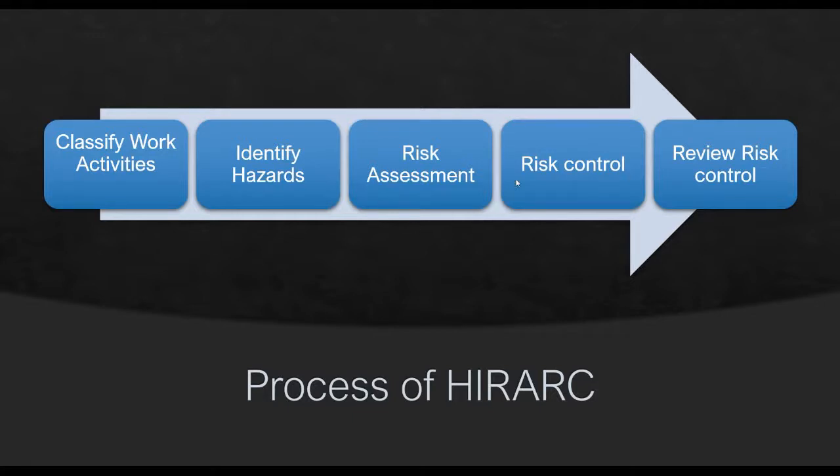Before you assess the risk, we have to identify what type and kind of hazard. But before that, we have to classify what kind of work activities. We will see examples of work activities after this.